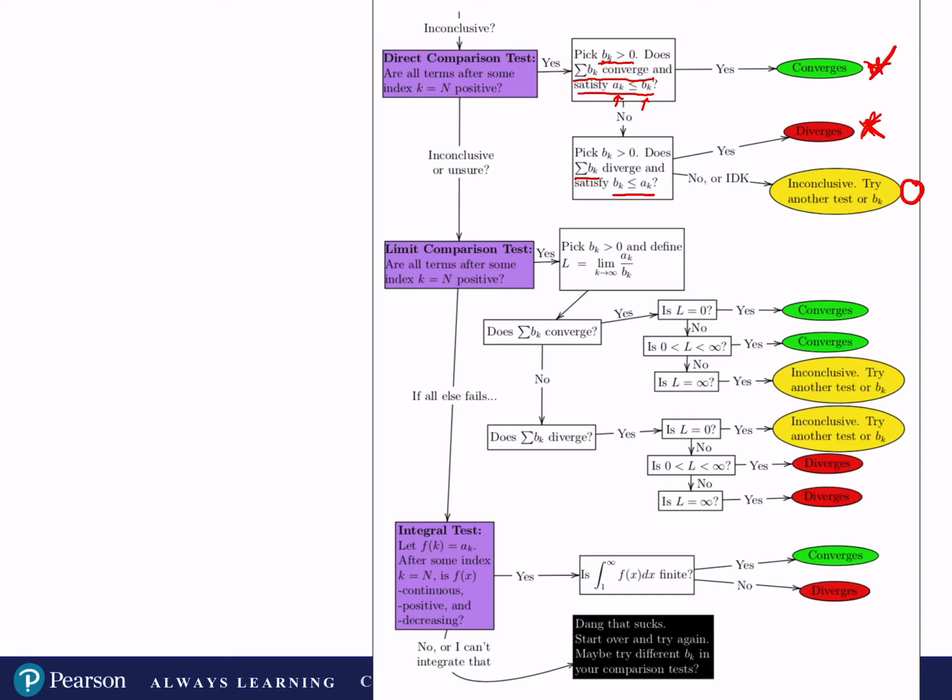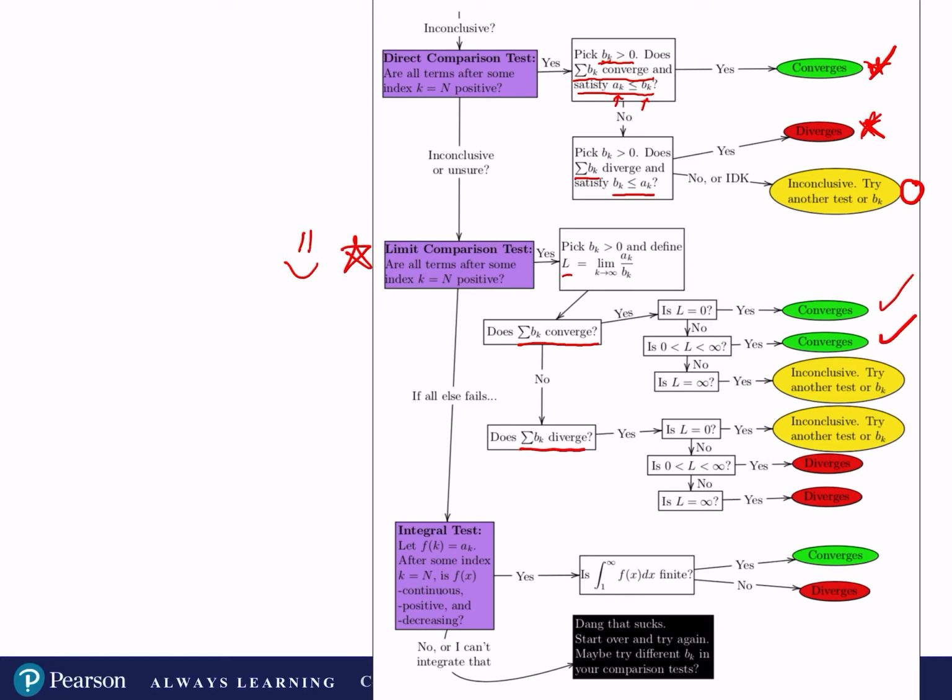The limit comparison, remember, is the one that we like. This is the one that we use 95% of the time. The idea is that we define L to be the limit as k approaches infinity of ak over bk, where bk is the thing we're comparing to. We ask ourselves, does the sum of bk converge? If yes, and the limit is between 0 and infinity, then the sum of ak converges.